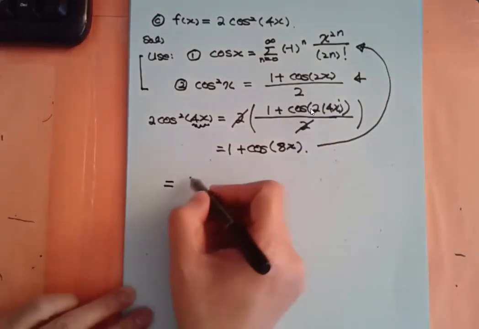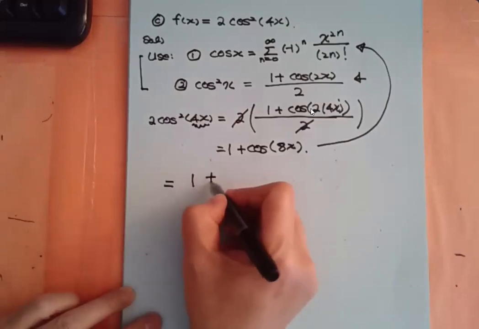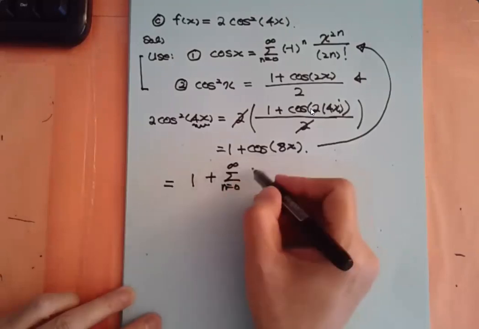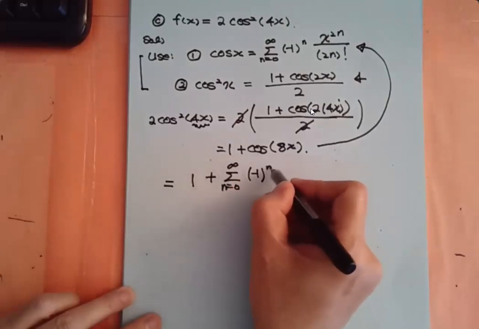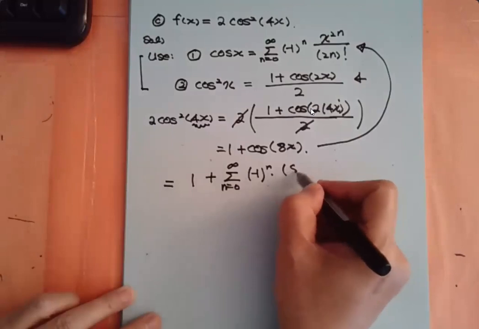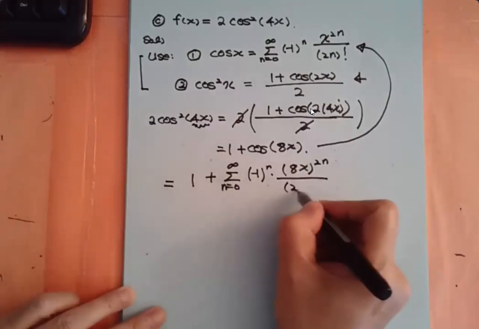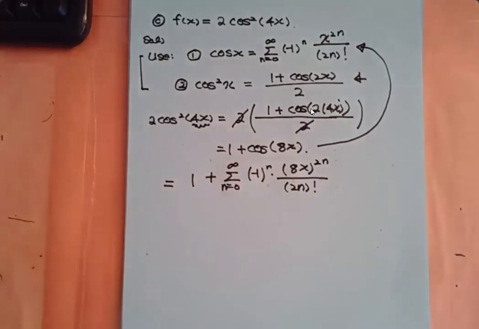So we can expand this out with 1 plus summation n equals 0 to infinity, negative 1 to the n power times 8x to the 2n power over 2n factorial.